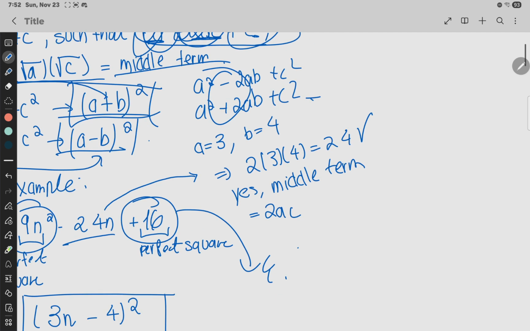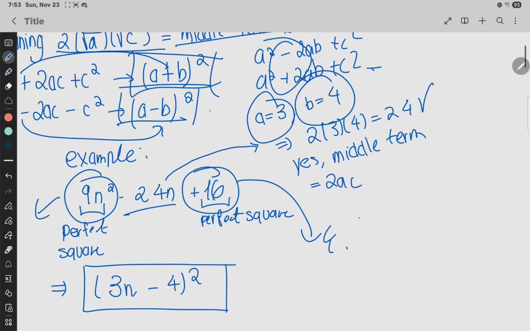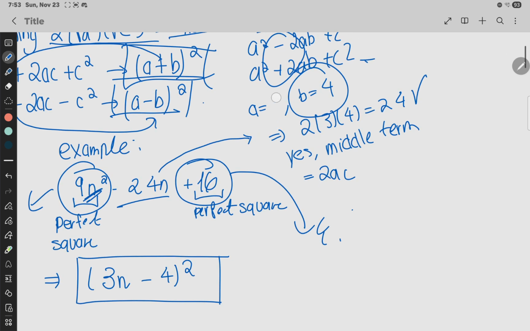Okay, so a is 3n and b is 4. 2 times 3n times 4 equals 24n, right? So 2ab.